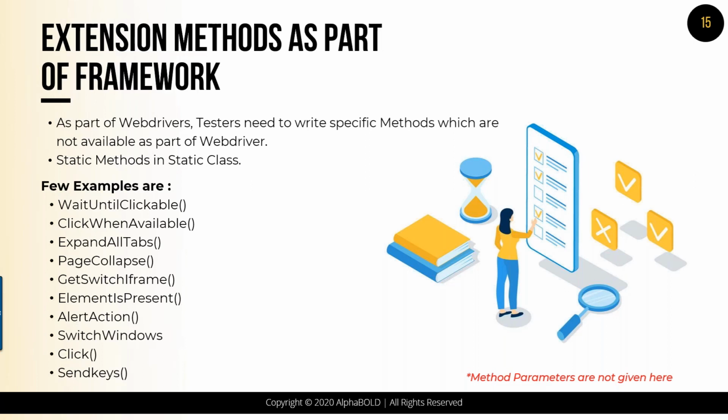Click when available, expand all tabs within the application page, page collapse, or switch iframe. In CRM applications, there are multiple iframes and we cannot identify the element until and unless we are on the correct iframe. Similarly, whether an element is present or not could be a Boolean function.